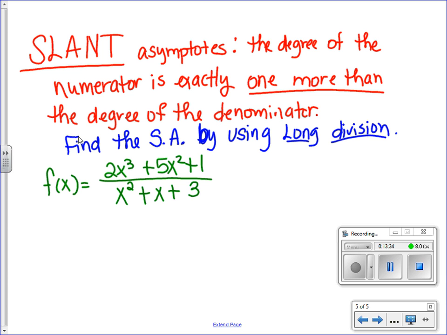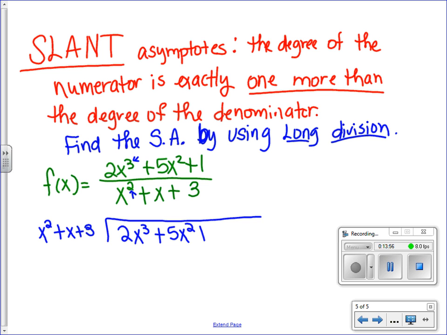Alright, so numerator is 3, denominator is 2. So that's one more. So we have to use long division. Can't do synthetic with a quadratic.